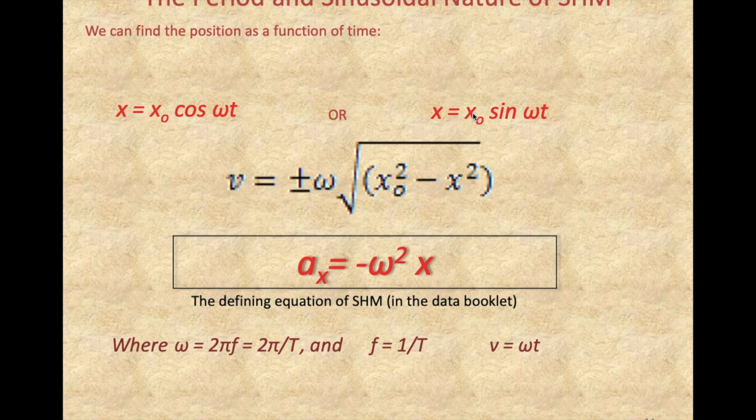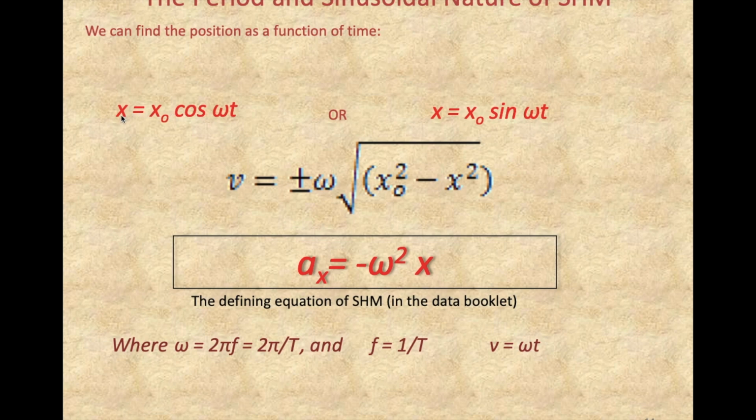If you use this function at t equals 0, sine of 0 is 0, which makes the value of this function 0. So when you start observing the mass at t equals 0, when it is at x equals 0, the sine function will give you the relationship between position and time.